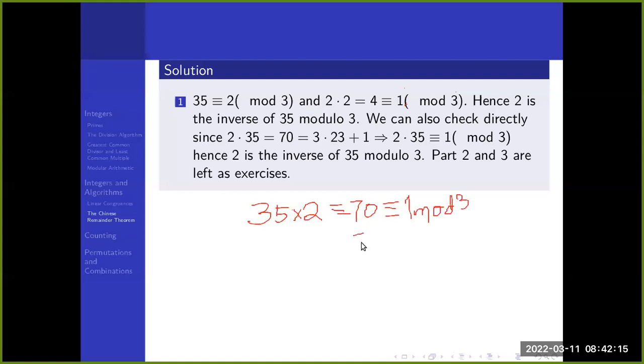And you can check this, because if you subtract 70 minus 1, what do you get? You get 69. And 69 is divisible by 3, right?